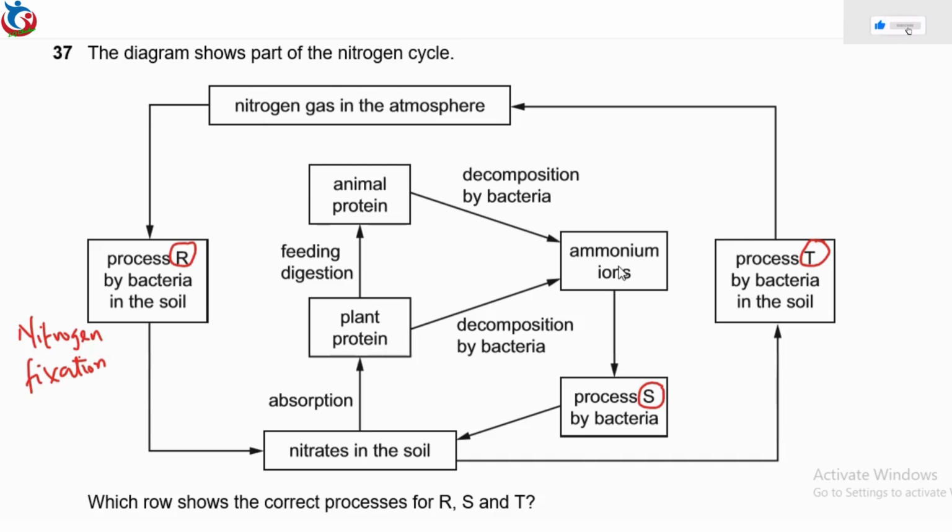Now, conversion of ammonium ions to nitrates. S is what? Nitrification. Now, T has to do with nitrates in the soil being converted to atmospheric nitrogen. So T is denitrification.